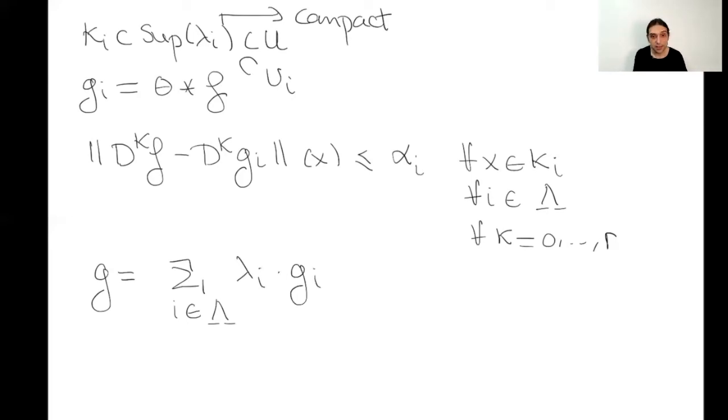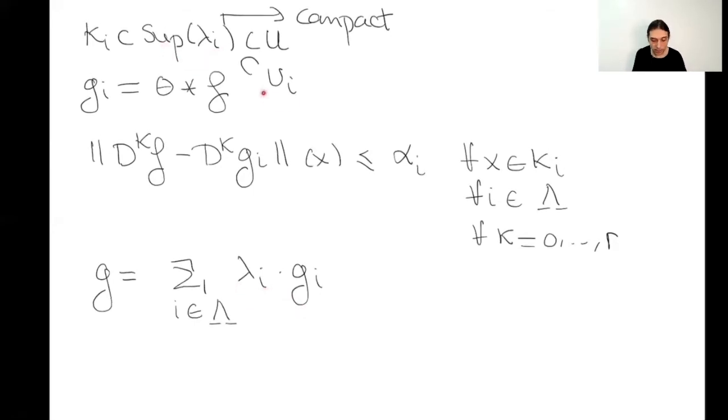That makes sense because Gi is defined in Ui, and the support of lambda i is actually contained in Ui. If the support radius of this theta over here, indeed it should be theta i, right? It's a convolution kernel that is going to depend on i.